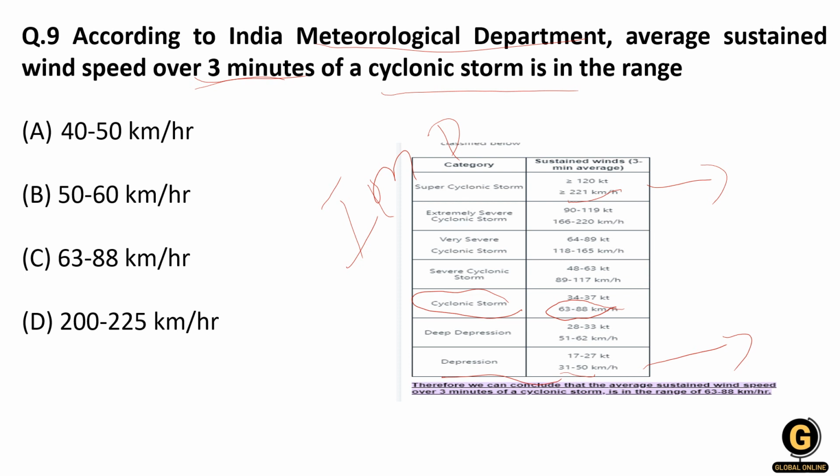So remember 221, 63 to 88, and 31. 31 is for the lowest, 221 is for the highest, and in the middle you can remember 63 for cyclonic storm. Anything in between you can just guess, right? I hope you got it. So our answer is 63 to 88 for the cyclonic storm, right?